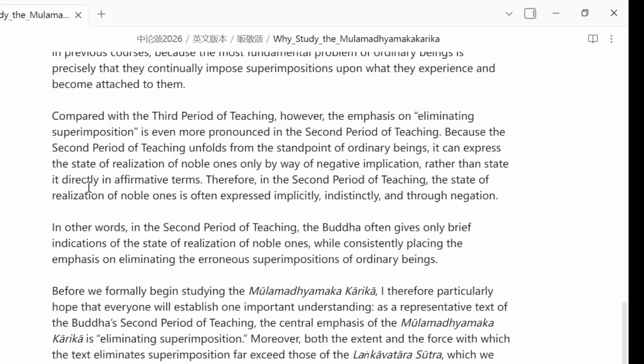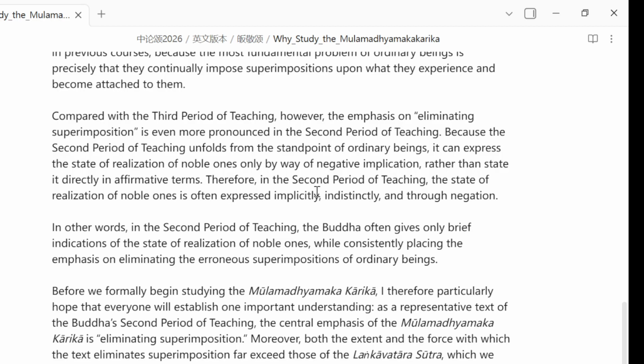It can express the state of realization of the noble ones only by way of negative implication, rather than state it directly in affirmative terms.